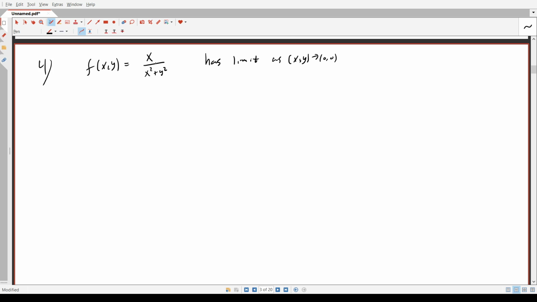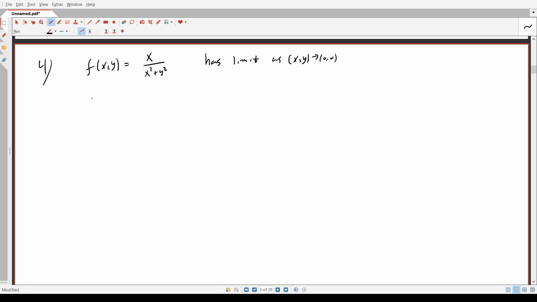Here we have a first order on top and a second order on bottom, so I expect that the bottom goes to 0 faster, meaning that this would blow up to infinity or the limit wouldn't exist. So that's just a first guess.